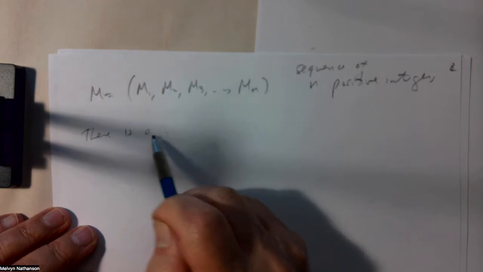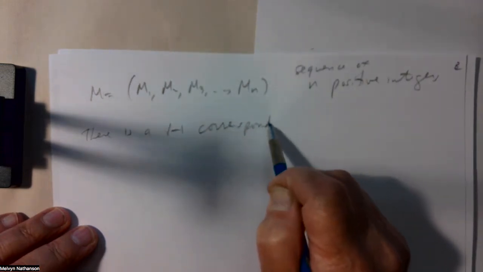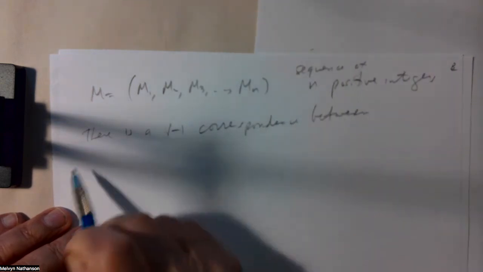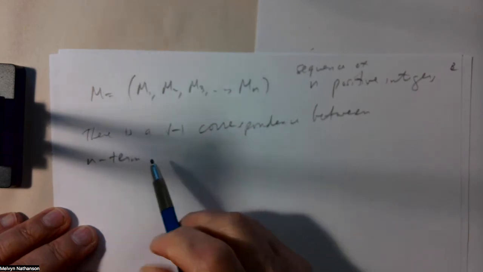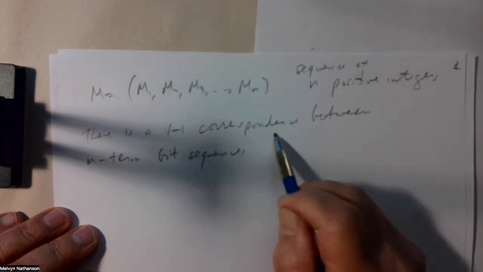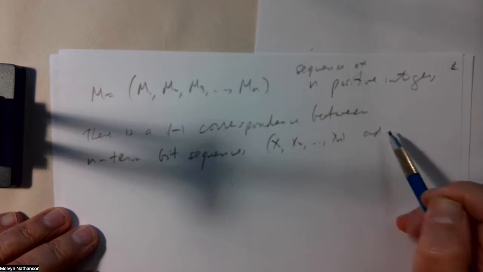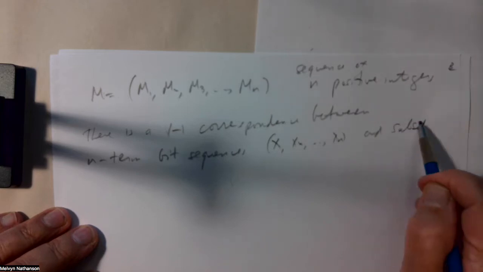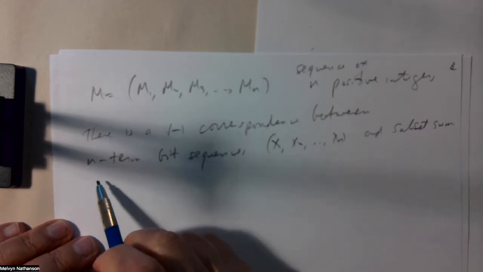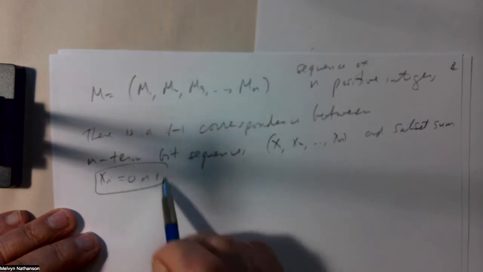There is a one-to-one correspondence between n-term bit sequences, x1, x2, up to xn, and subset sums. Bit sequence means all of the xi's are 0 or 1.